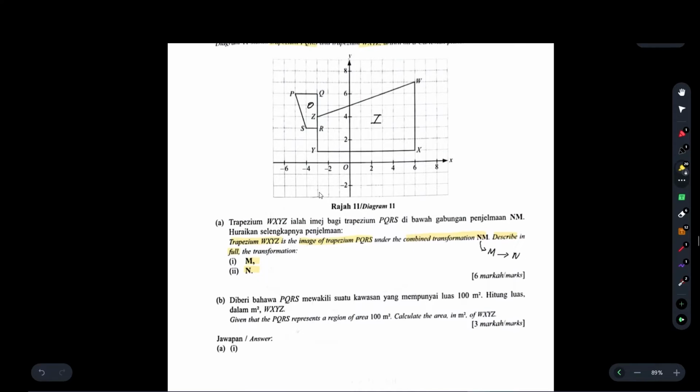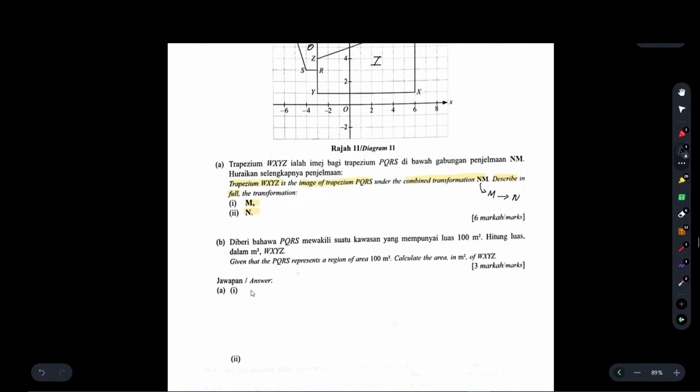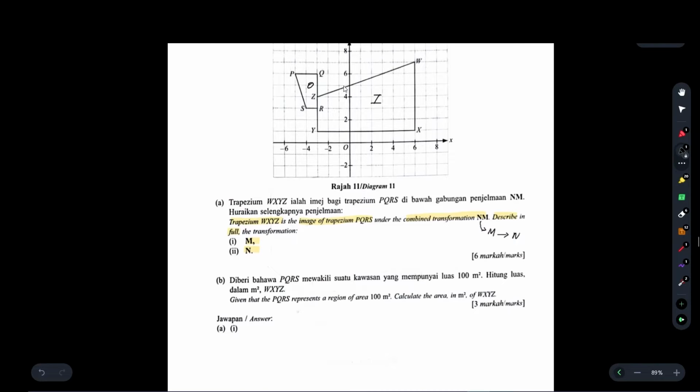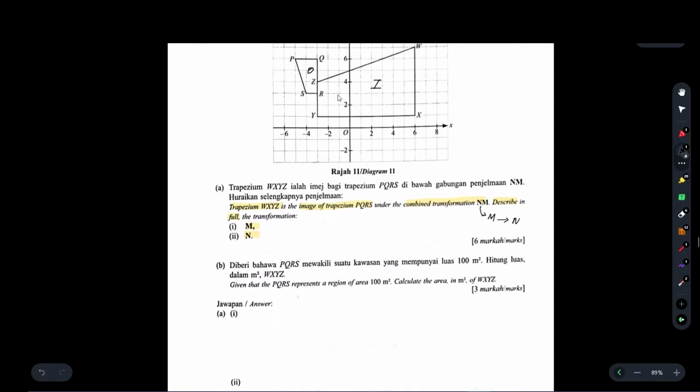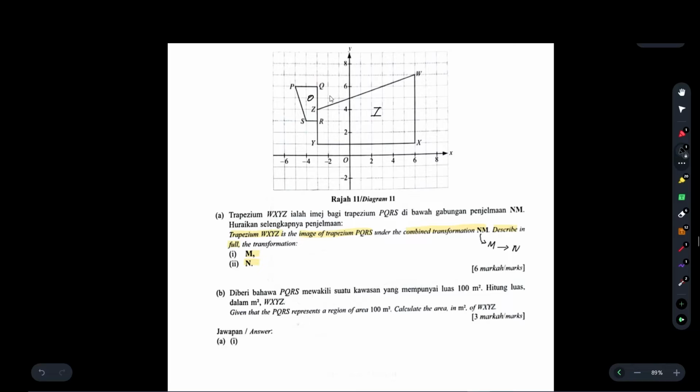Okay, so for the first transformation M, I think I'm going to do a rotation of 90 degrees. If you rotate this shape PQRS 90 degrees clockwise, it's going to look like WSYZ.